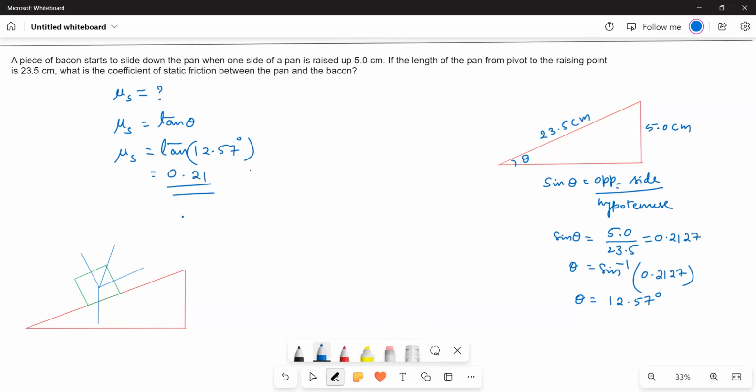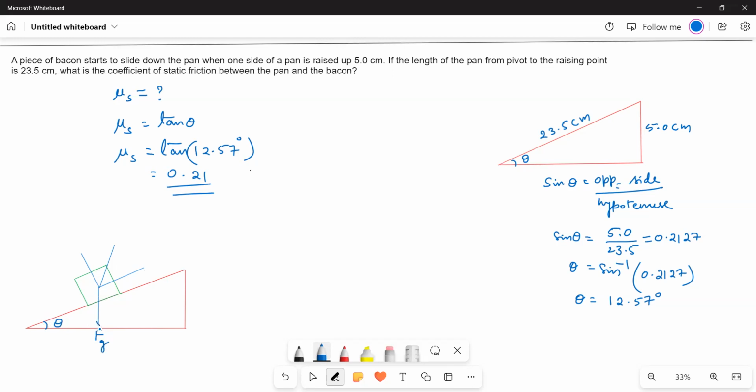Now you may be wondering how I got mu s is equal to tan theta. That I will explain to you. Suppose an object is on an inclined plane, the incline has an angle of inclination theta, and obviously, if no other force is acting on it, only gravity acts on the object and it slides down. So what are the forces acting on it? The weight of the object acts vertically downwards.